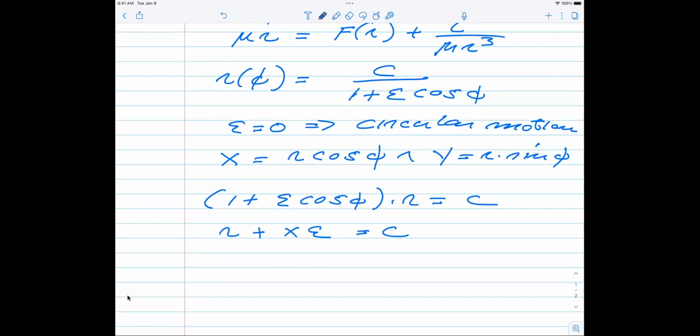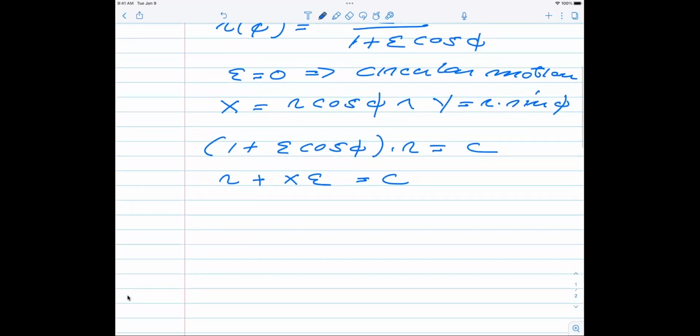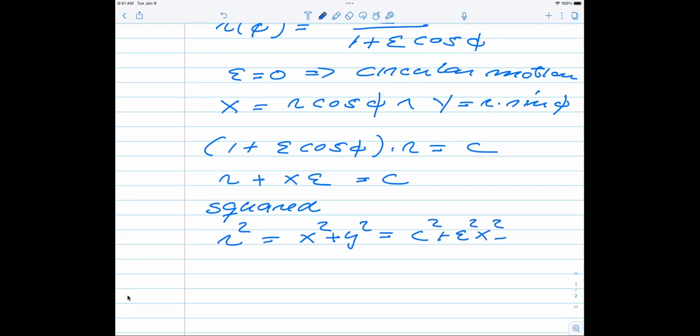And then we squared the two sides. So we moved x times epsilon over to the right-hand side. And then we squared, and r squared is the same as x squared plus y squared. And then what we got is that this is equal to c squared plus epsilon squared times x squared minus 2 times x times epsilon times c.